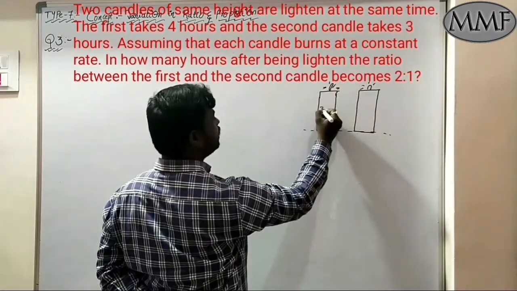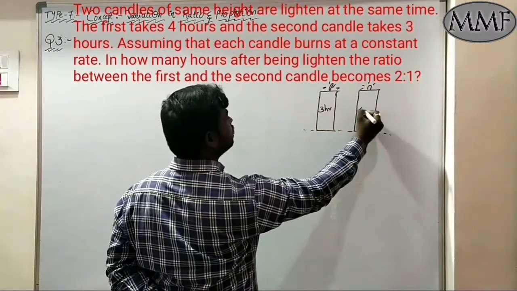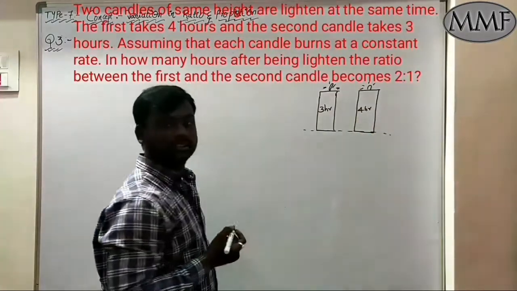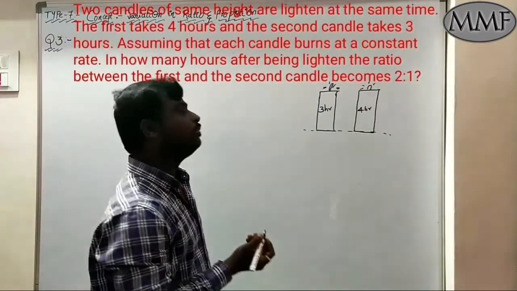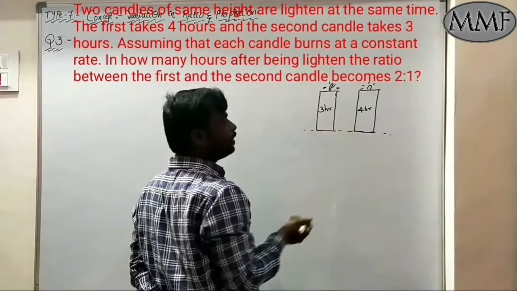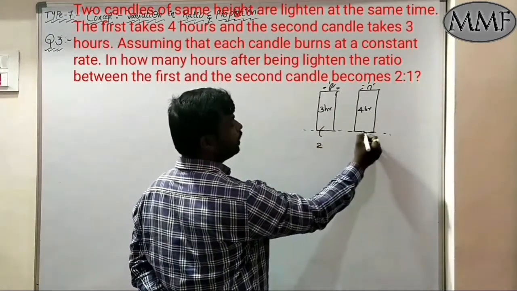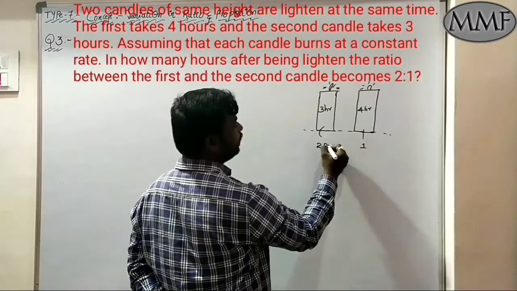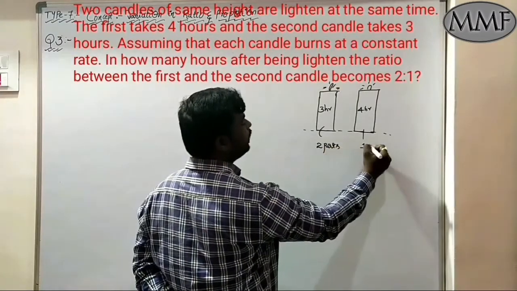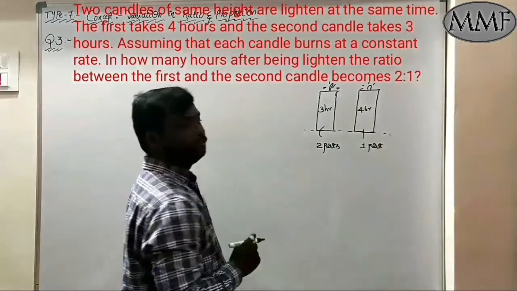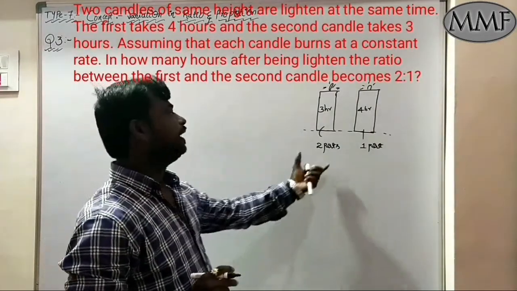The first one takes 3 hours, the second one takes 4 hours. After how much time has one burned 2 parts and the other burned 1 part? They burn at a constant speed.